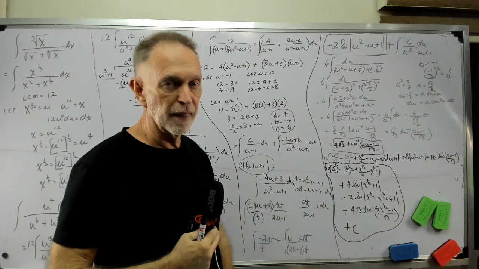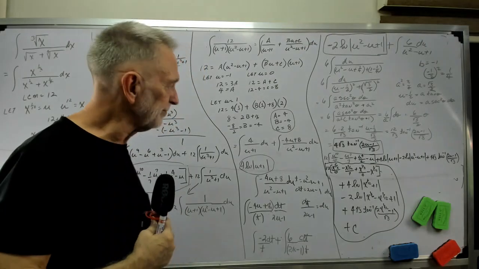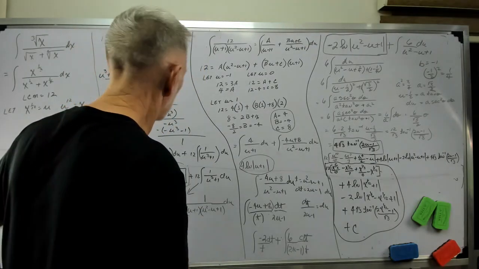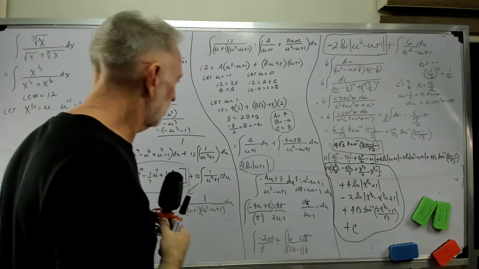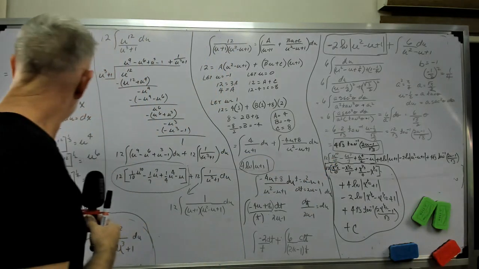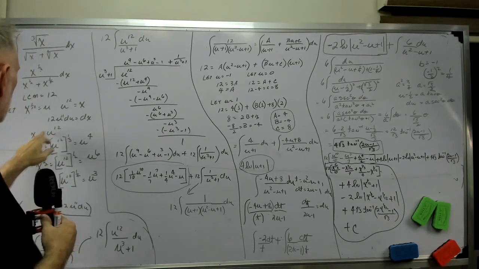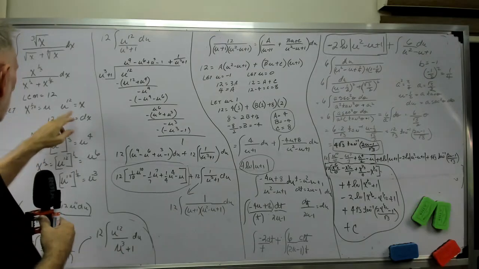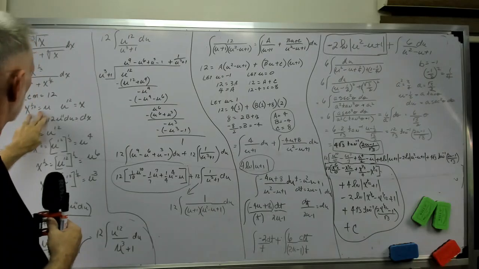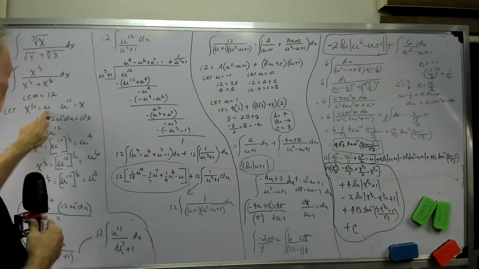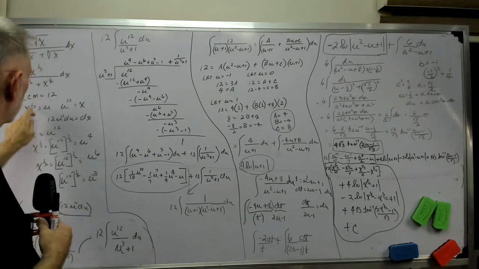However, that's not in the x world, that's the u world. So we've got to take u to the 10th over 10, for example. All right, u, if I raise it to the 10th power, I'm raising x to the 1/12 to the 10th power.